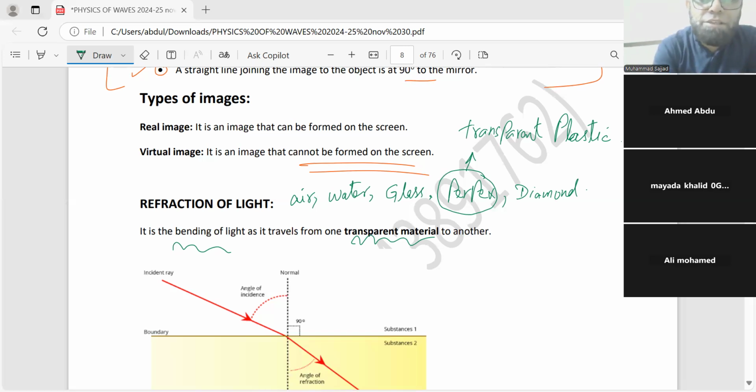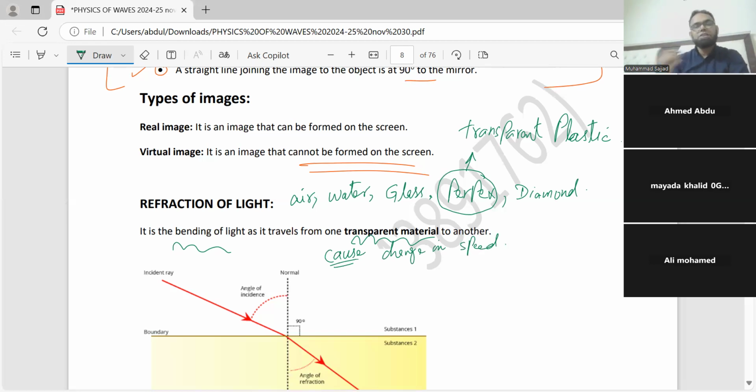So I'm writing here the cause. The cause of this refraction of light is change in speed. Even you can say change in wavelength.